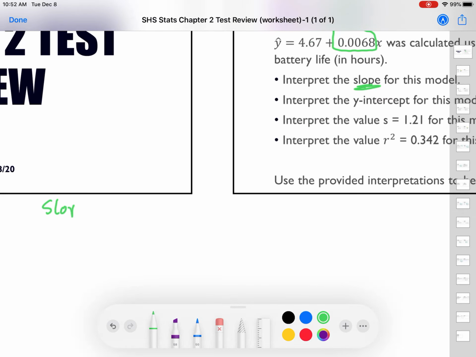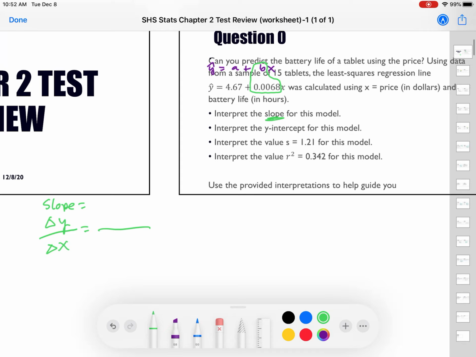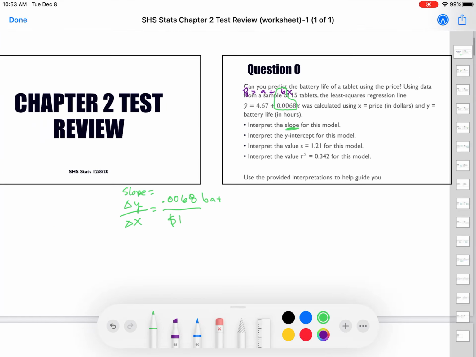So slope is the change of y over the change of x. So the variables they tell you here are x is price in dollars. So for every $1, 0.0068 is the battery life, because y, the y variable, is battery life. So how do you interpret it?